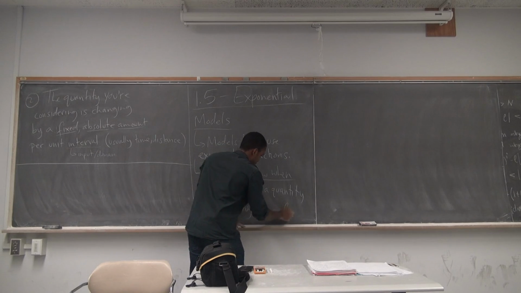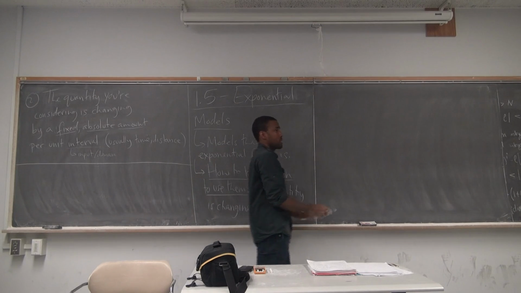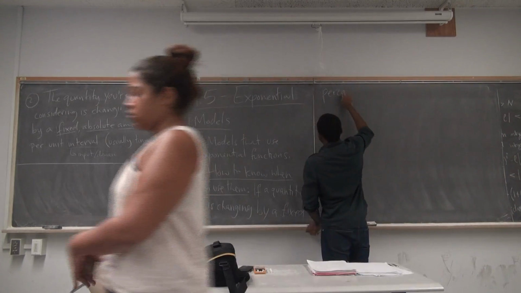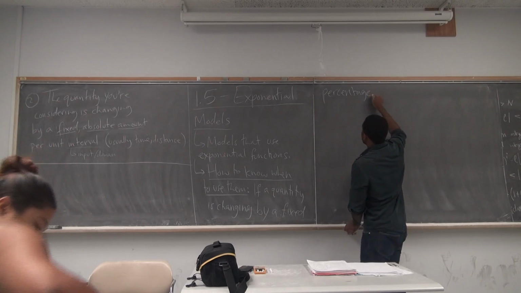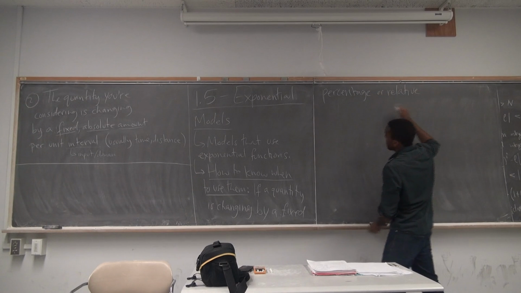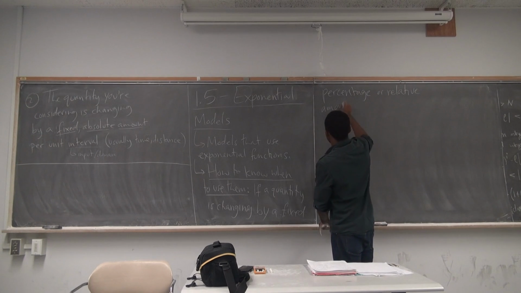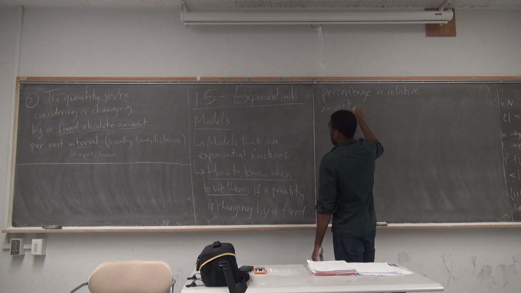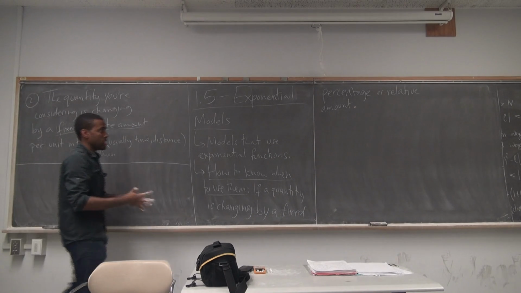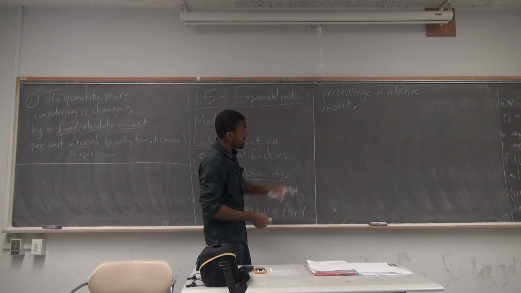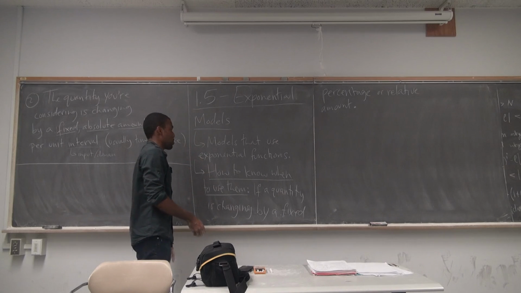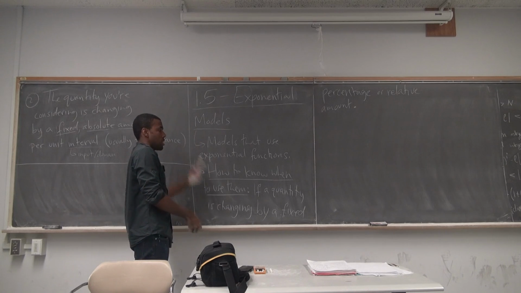By a fixed... That's right, percentage. Percentage or relative amount. So it's not a fixed absolute amount, which is just the same size of quantity that you're adding. When things change by a percentage, that's when you get what's called exponential growth or decay, and you need an exponential model to do that.